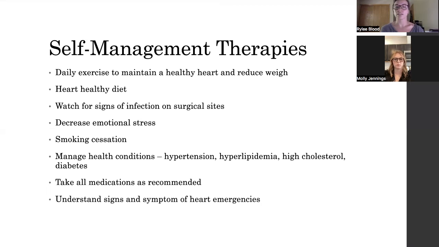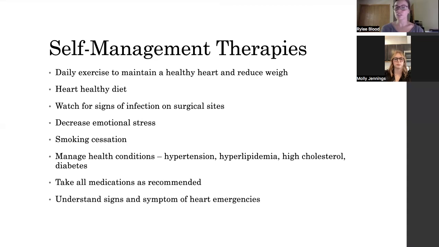Watch for signs of infection in the surgical sites that were completed in their previous STEMI procedural therapies. Decrease emotional stress, smoking cessation, and manage health conditions such as hypertension, hyperlipidemia, high cholesterol, and diabetes, which are all related to the increased risk of a STEMI.